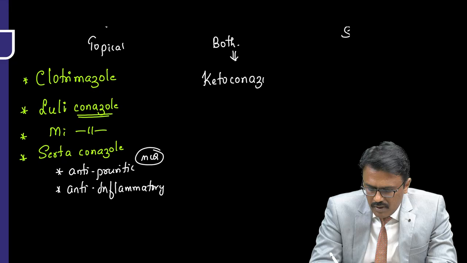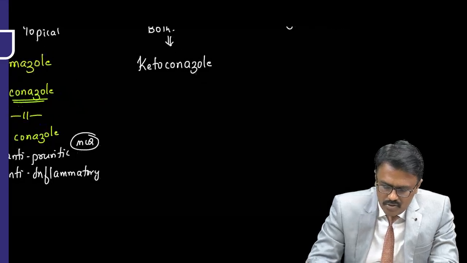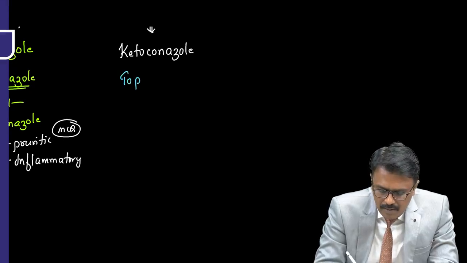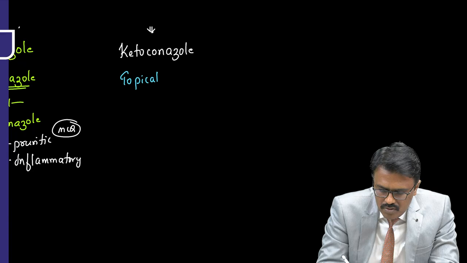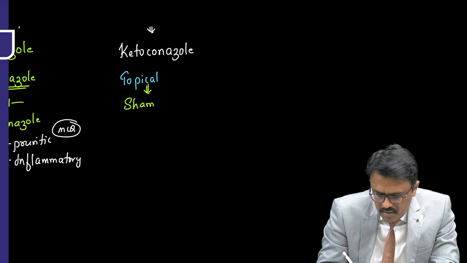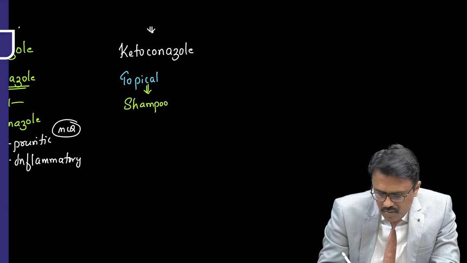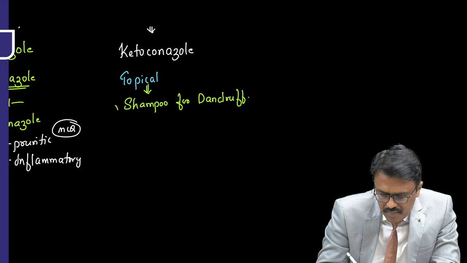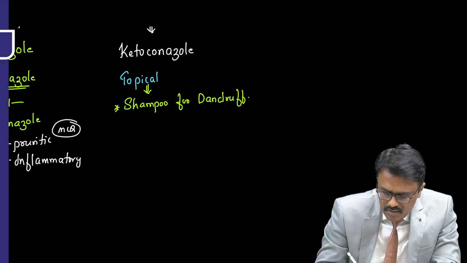Ketoconazole is the one. Now, tell me the ketoconazole story. Ketoconazole is used topically as a shampoo for dandruff. So it comes as KZ shampoo. And where do you use it systemically?